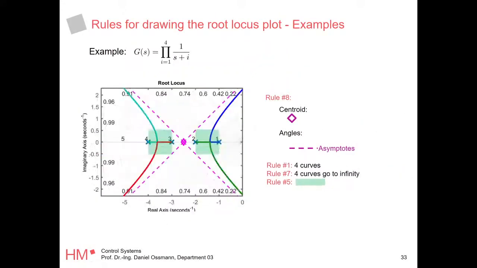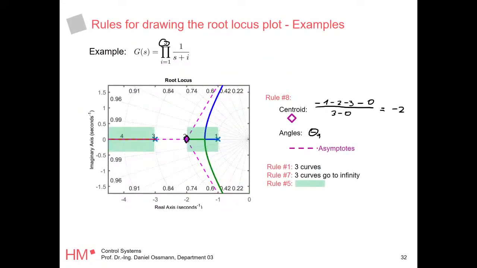Whenever you have a delta of 3, your angles are always going to be 60, 180, and 300. Plus 120, plus 120. Yes. Right? So the first asymptote starting from your centroid has 60 degrees, the next one has 180 degrees, and this one has 300.